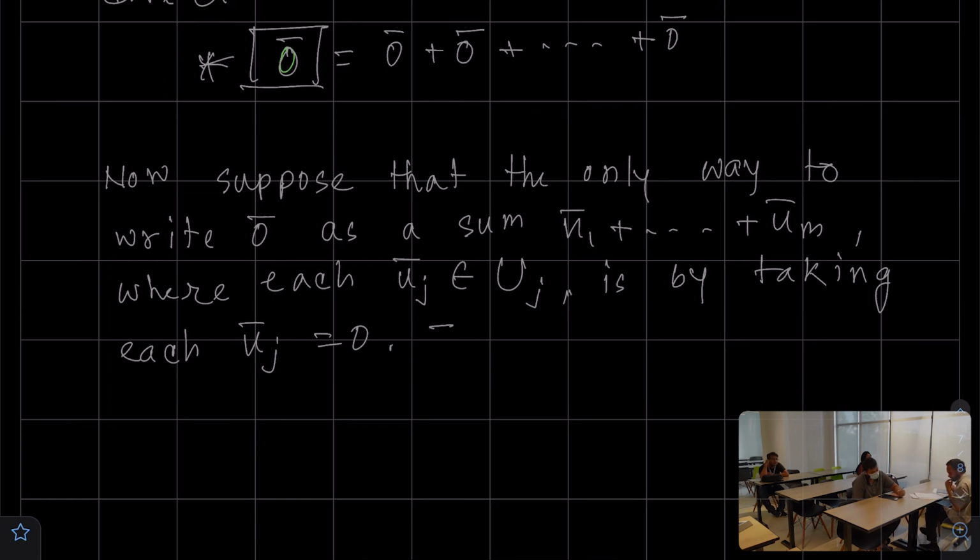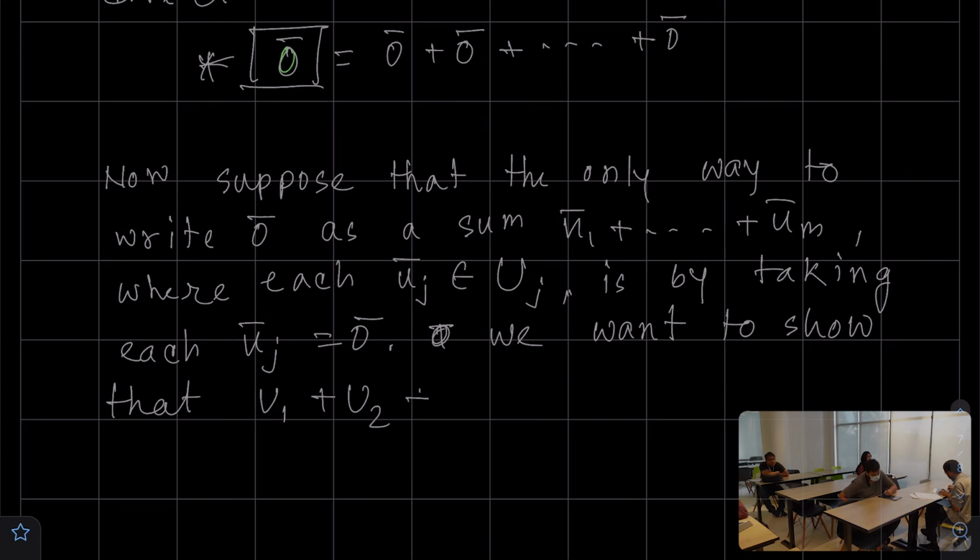Now we want to show that u1 plus u2 plus um is a direct sum.